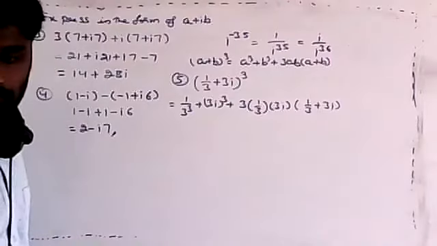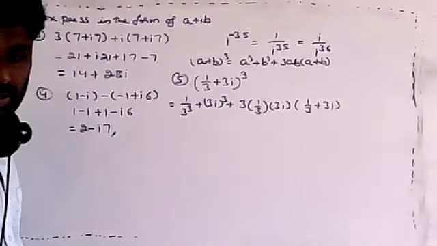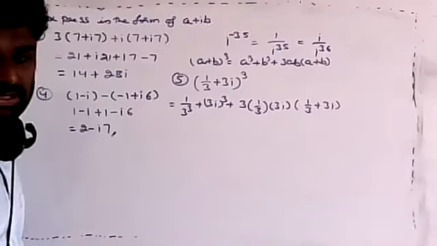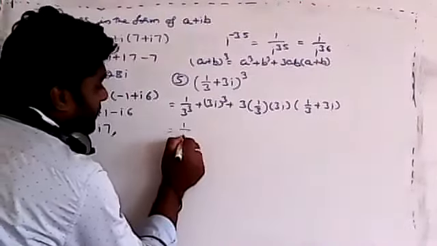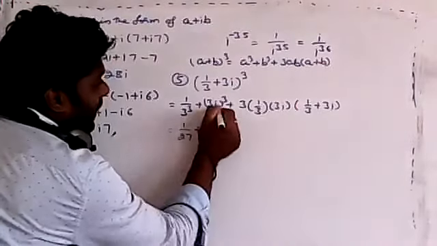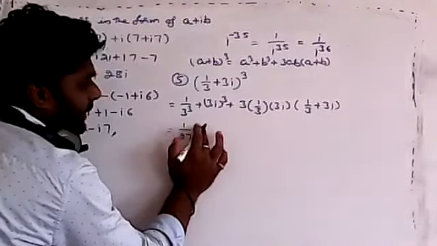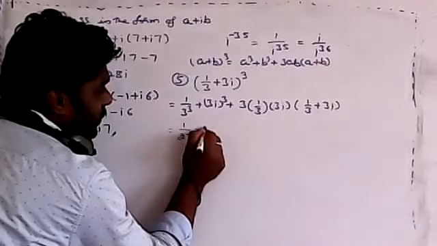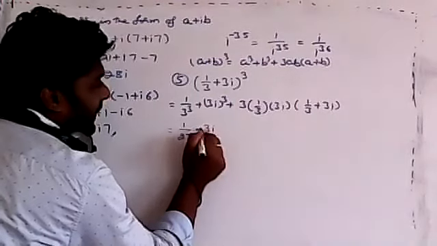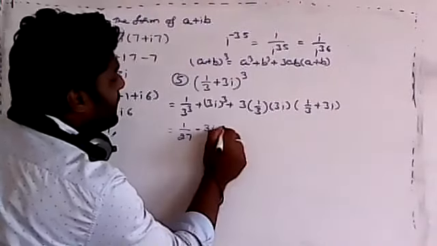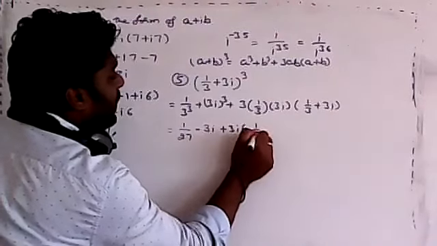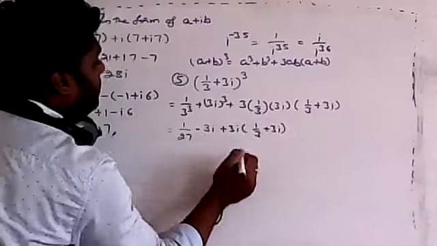Next. Yeah, 2 minus 7i, I know. We'll check that one, Shravan. 3 cube is what? 1 by 27. i cube is nothing but, can I write directly that one? i cube is what? Minus i, I know. So minus 3i. And here 3 gets cancelled, and remaining is plus 3i into 1 by 3 plus 3i.